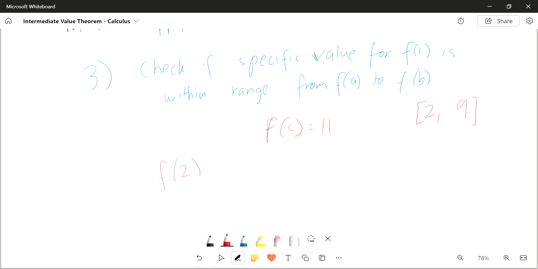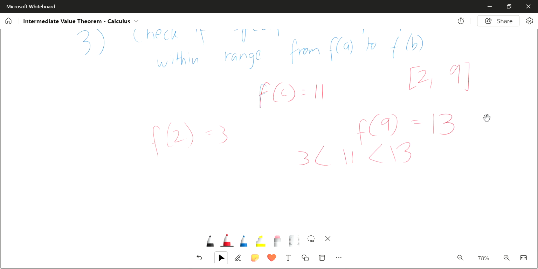And so f of 2 could be 3, and f of 9 could be 13. Since f of c is in between 3 and 13, so 11 is greater than 3 but less than 13, then you know there is a value for c such that c is between 2 and 9.